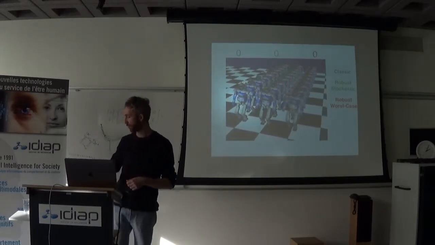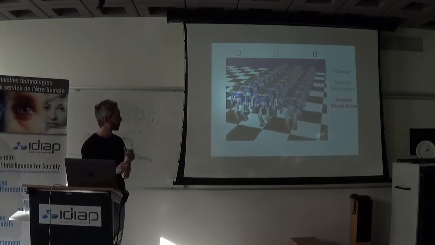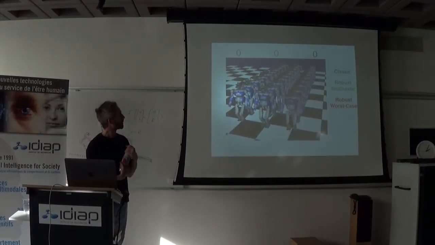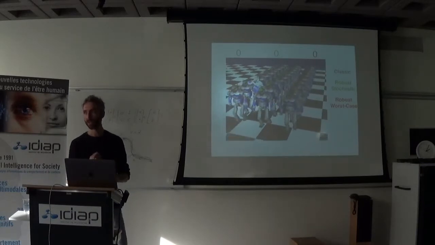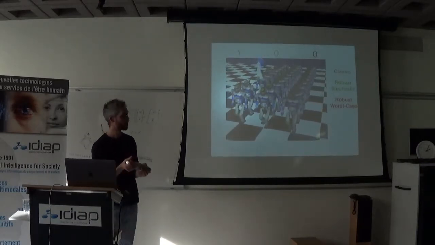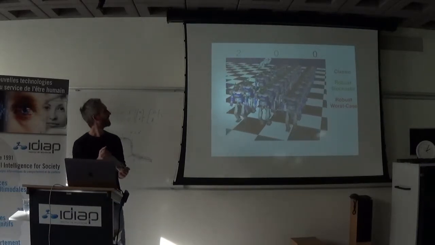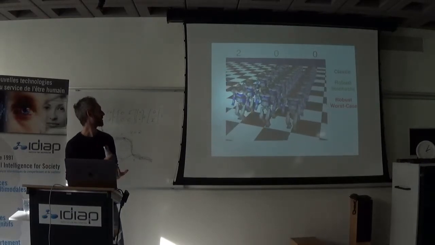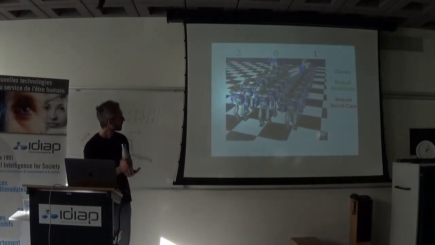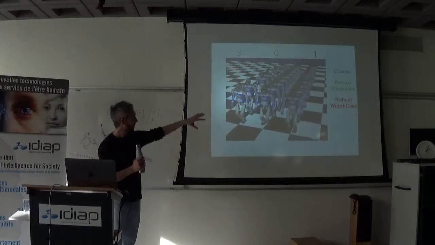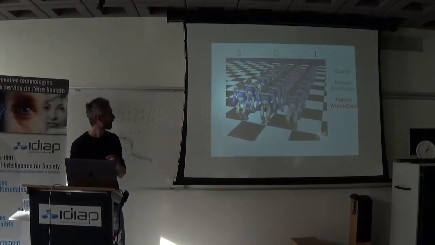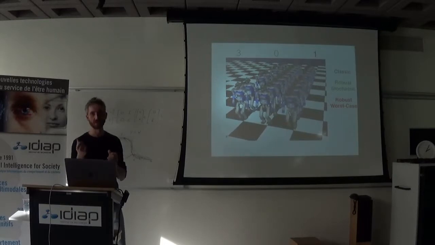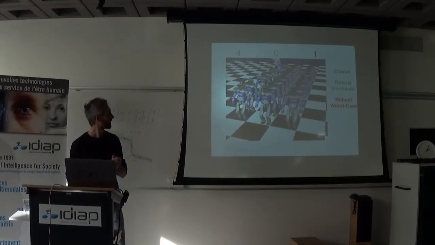So in order to evaluate the performance of the robust controllers, we ran thousands of simulations. You already know the final result because I gave it up before. This is just a small subset of the simulations that we ran, just to give you a taste of what it was.